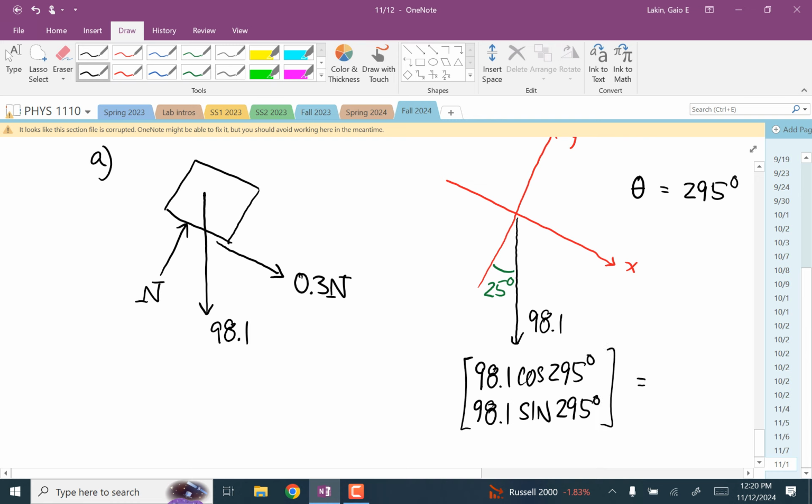And so that is positive 41.46 for X and negative 88.91 for Y.